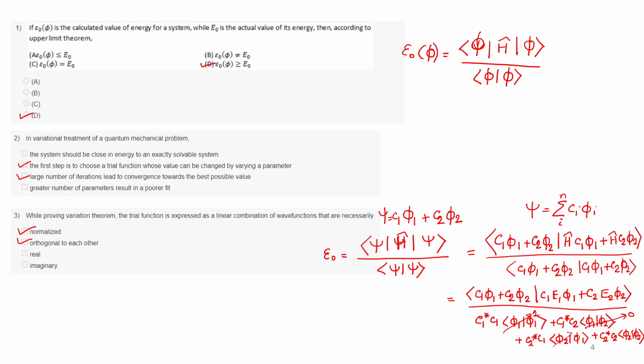Same thing we will do in the numerator also, and that is what ultimately leads to epsilon being greater than or equal to the actual energy. So to give you an idea what this question is all about, I have just stated this here, and now we'll go to the next question.